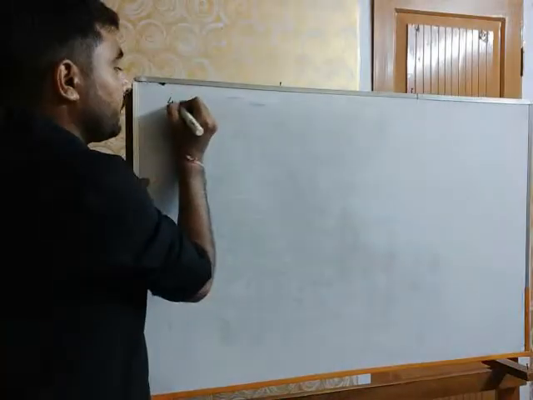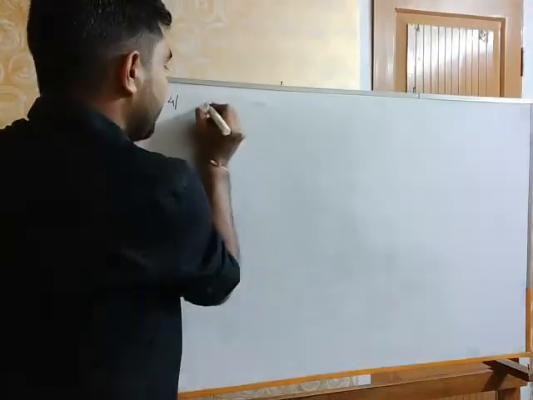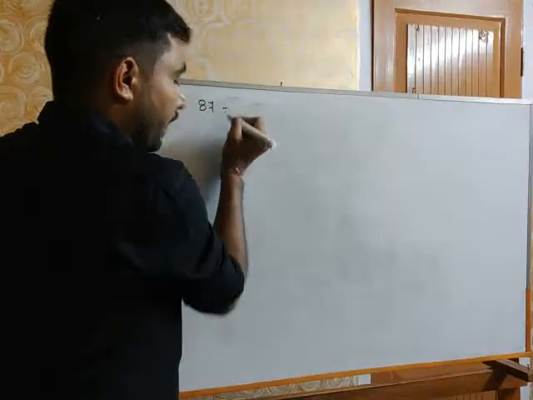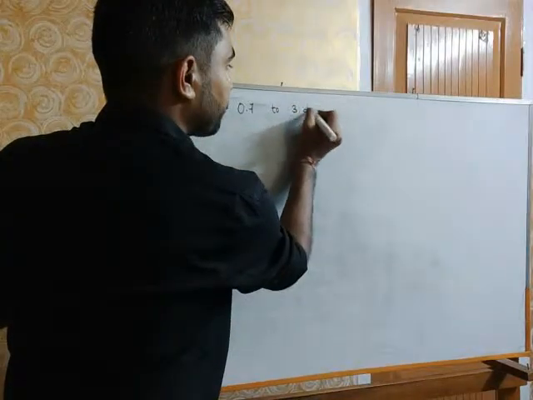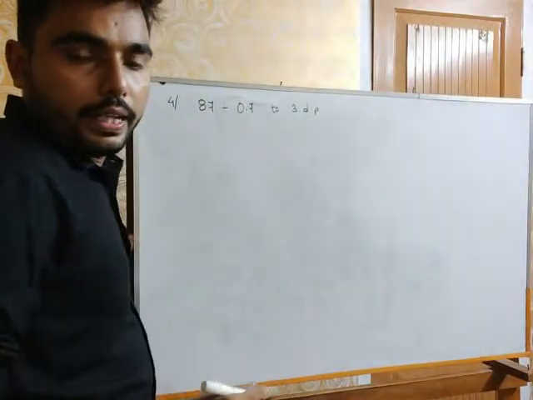Now it is 87 divided by 0.7, 3 dp. Now can I do it directly?